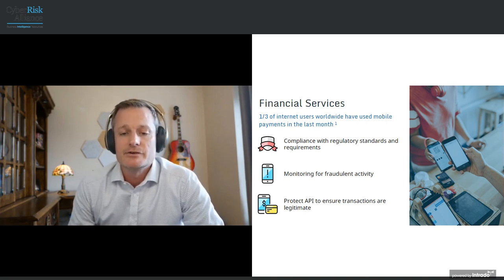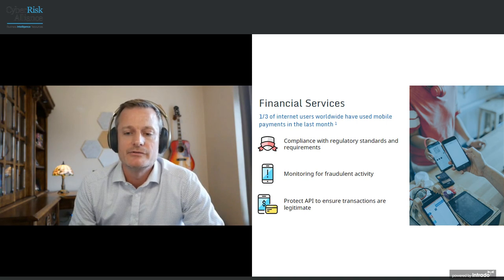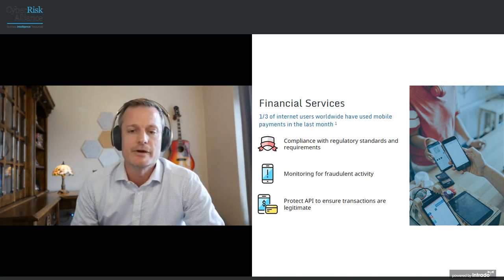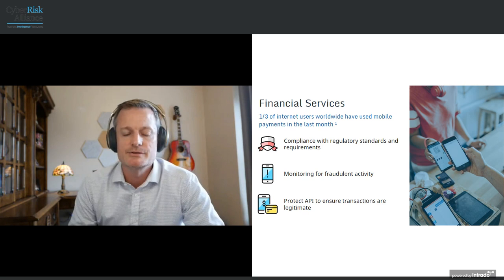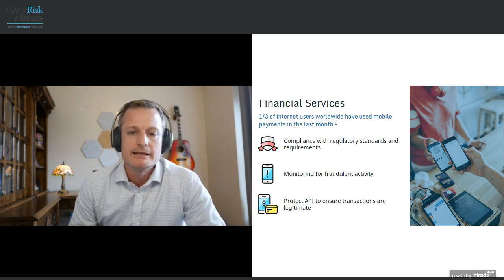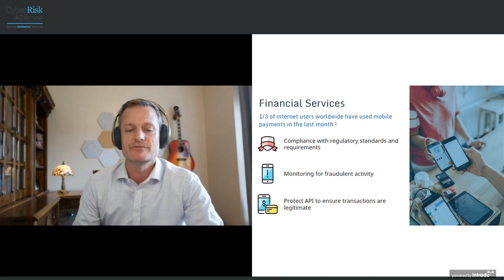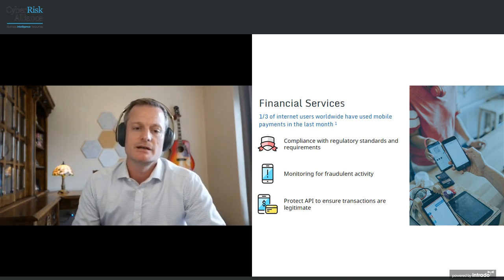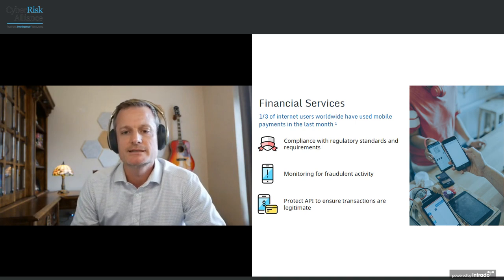Fraud is another key aspect. If you've ever used your credit card, there are quite sophisticated fraud detection tools and techniques used by these companies. And mobile is one input and data point that can be used to help enrich that view on fraudulent activity. So monitoring for fraudulent activity and picking up those signals from mobile transactions is a really key use case.